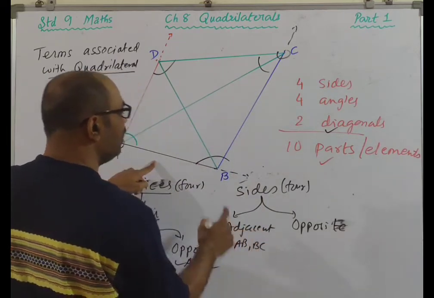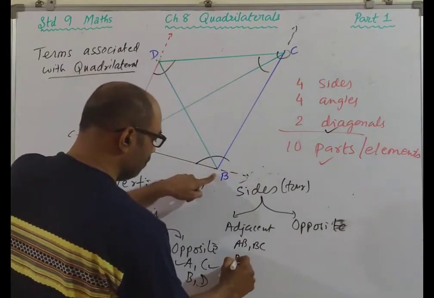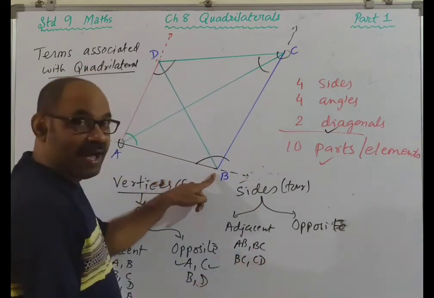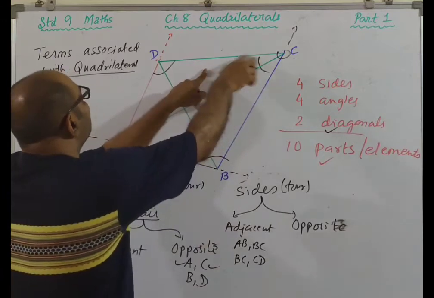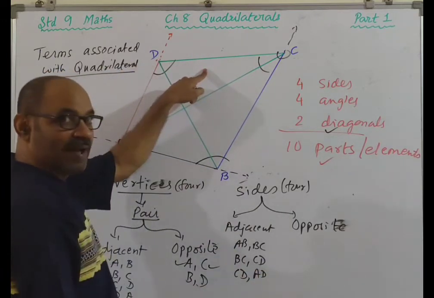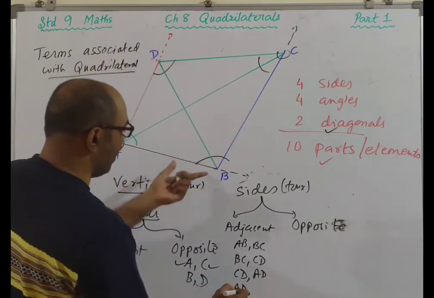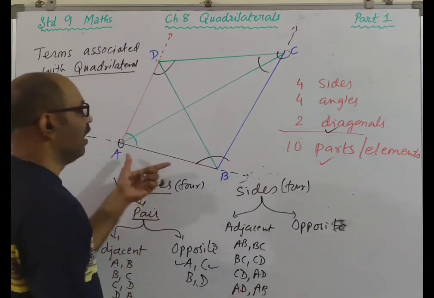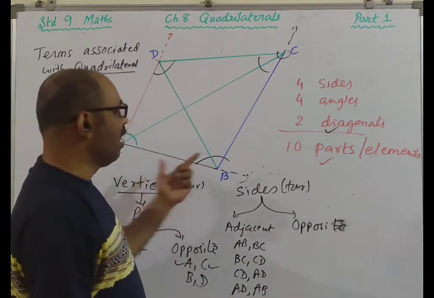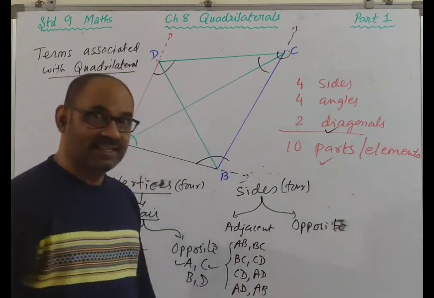AB and BC is the first adjacent pair. Second, BC and CD. Third, CD and AD. Fourth, AD and AB. So we have 4 pairs of adjacent sides.